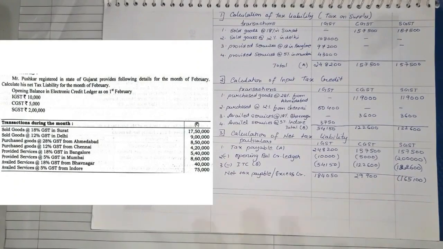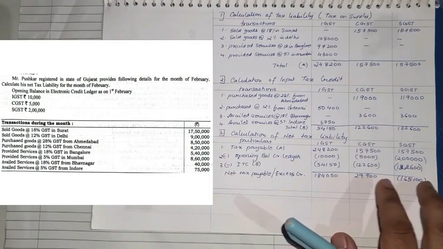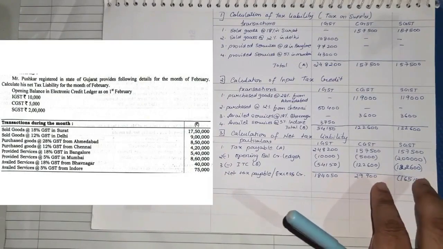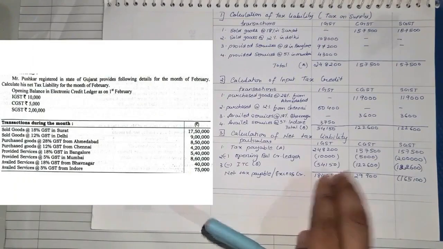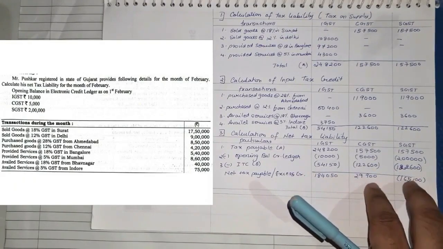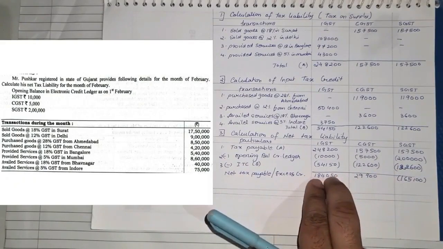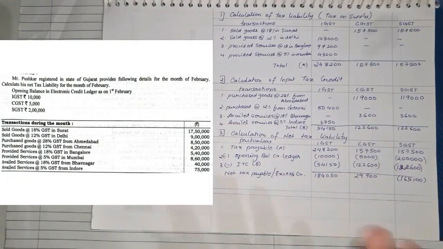Now this is a rule which you'll all have to remember. If there is an excess in CGST and SGST, you can use them to pay off your IGST. Again I repeat, if there is an excess of CGST and SGST, you can use that to pay off IGST, and if there is an excess in IGST, you can use that to pay off CGST and SGST. That's the most important part.